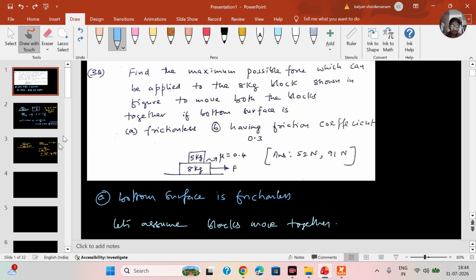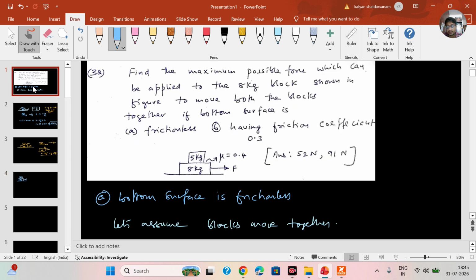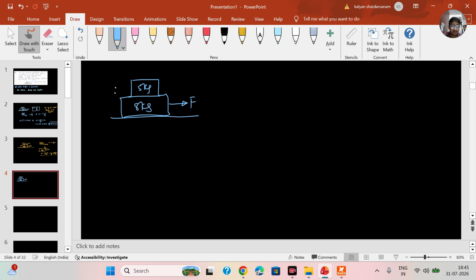So how do we do that? So again, you assume they move together. So this is my 5 kg, this is my 8 kg. Okay. So let's draw combined free body diagram. There is F. Now there is a friction here. We gave the coefficient as 0.3. So if they are moving together, here friction has to be kinetic. Otherwise, how will they move?